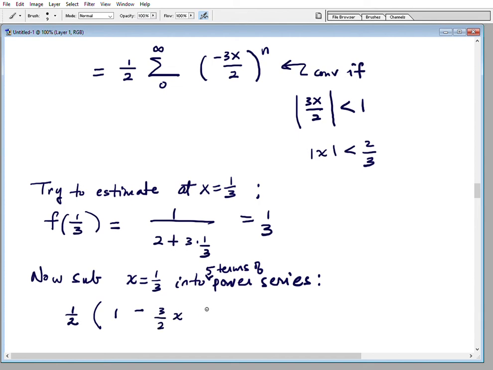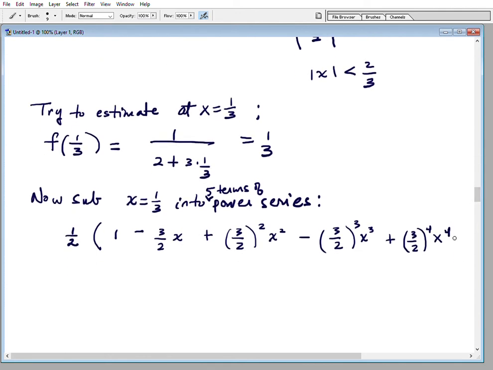And then it alternates, plus, and here we have 3 over 2 squared x squared, minus 3 over 2 cubed x cubed, and one more. We said only 5 terms. 1, 2, 3, 4. One more term. Okay. Sub into 5 terms of the power series. So now we're going to sub 1/3 in here.